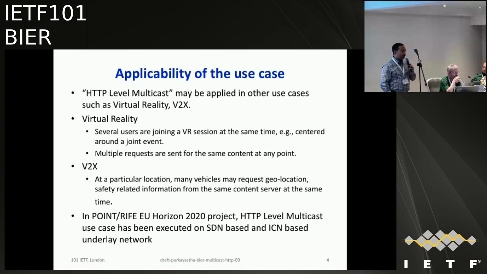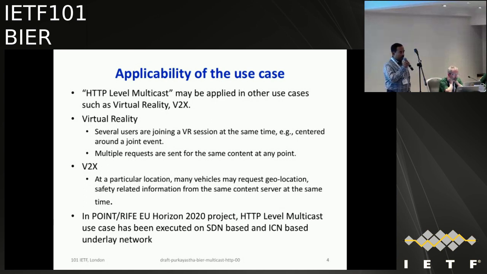So in terms of applicability of the use case, this HTTP multicast can also be seen to be useful or related to other use cases such as virtual reality and V2X use cases. In case of virtual reality, there are situations where several users join a VR session at the same time, centered around a joint event, and we see multiple requests sent for the same content at any point of time.